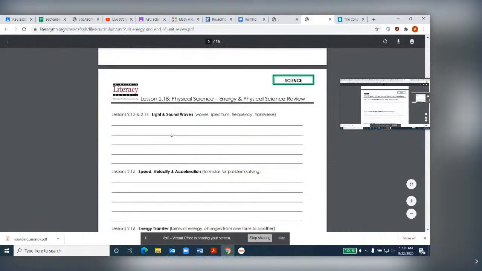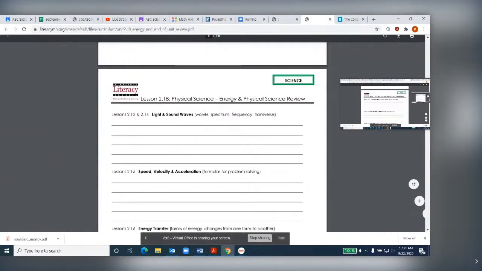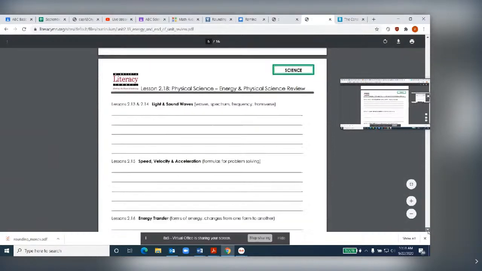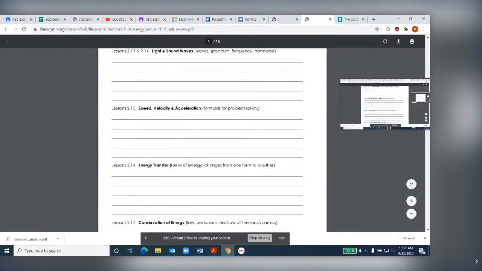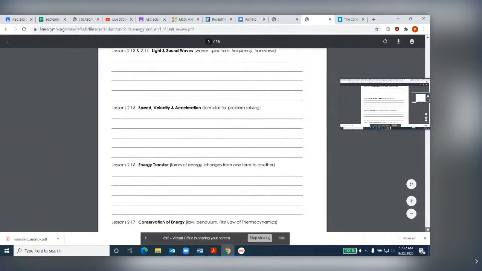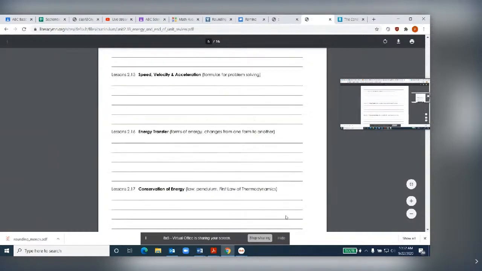And then 2.13 and 2.14 were about light and sound waves: wave spectrum, frequency, transverse. 2.15 was speed, velocity, and acceleration. 2.16 was energy transfer, forms of energy that change from one to another. And then yesterday's was conservation of energy, law of the pendulum, and the first law of thermodynamics.